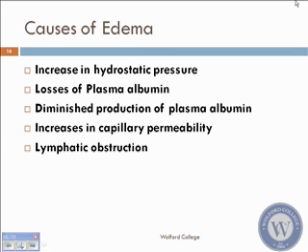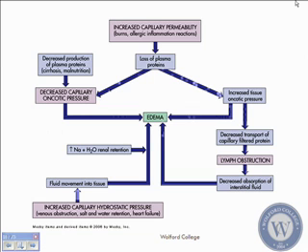Increases in hydrostatic pressure, so patients that are hypertensive will develop edema. Patients that are losing plasma albumin for some reason, from nutrition or lack of production of plasma albumin. It could also be due to weakness in the capillary wall, where the capillary wall develops increased capillary permeability. And the last one is lymphatic obstruction.